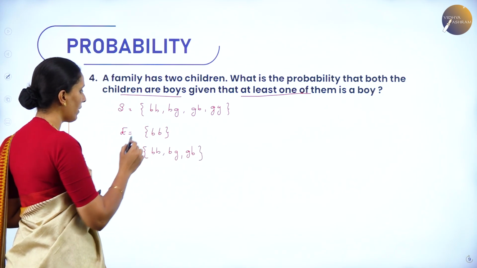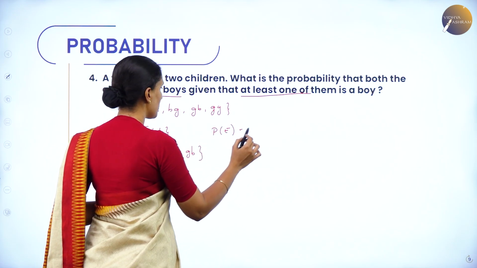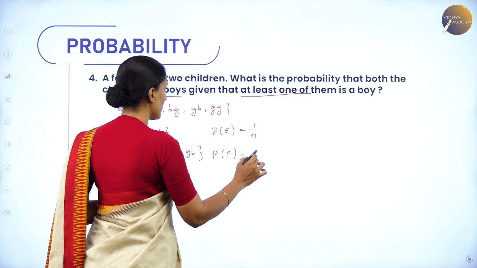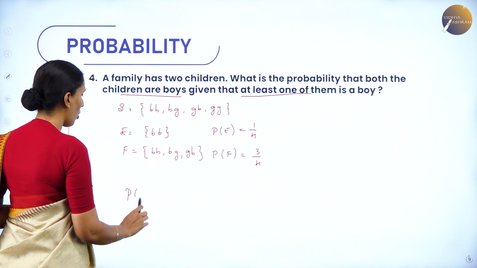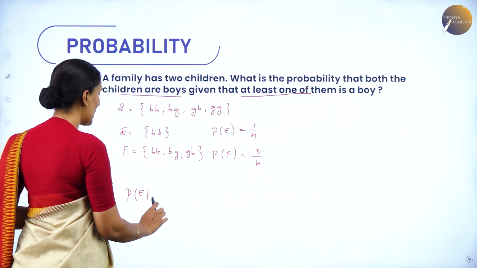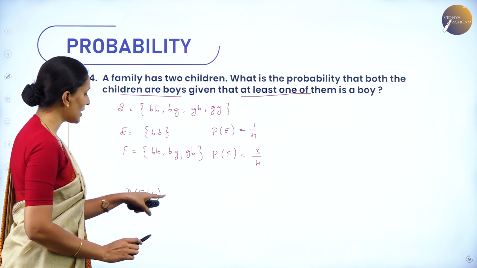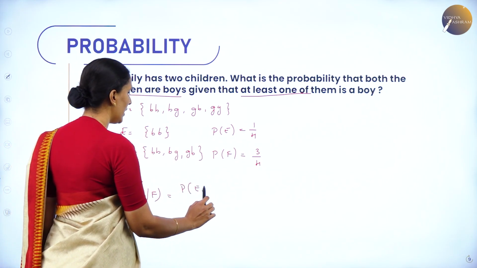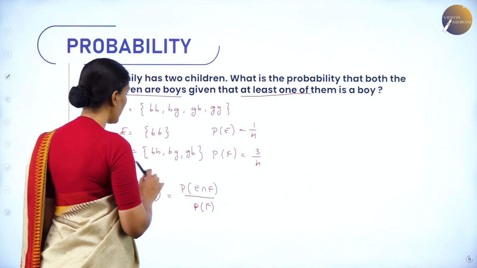Now clearly here when you calculate the probability value of E, it is 1 by 4, and probability of F is 3 by 4. Now we need to calculate the probability that both the children are boys given that at least one of them is a boy. So that means probability of E given F has occurred. So therefore this is equal to probability of E intersection F divided by P of F. So we know P of F here.